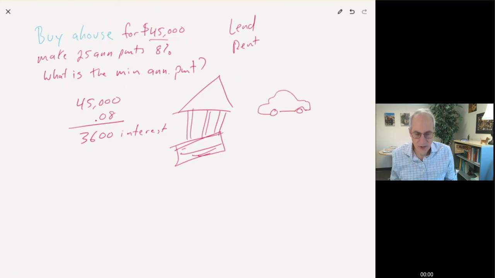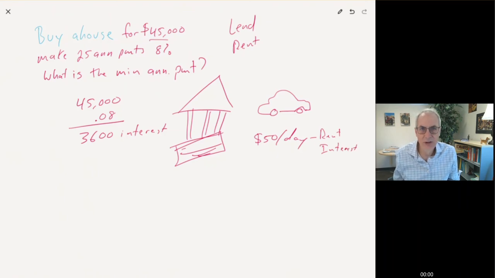You go to the car rental place and they say, okay, it's $50 a day. If you rent it for one day, $50, and then you give the car back. If you rent it for 3 days, $150, but then you give the car back. So the rent is like the interest. The longer you keep the car, the more rent you have to pay.